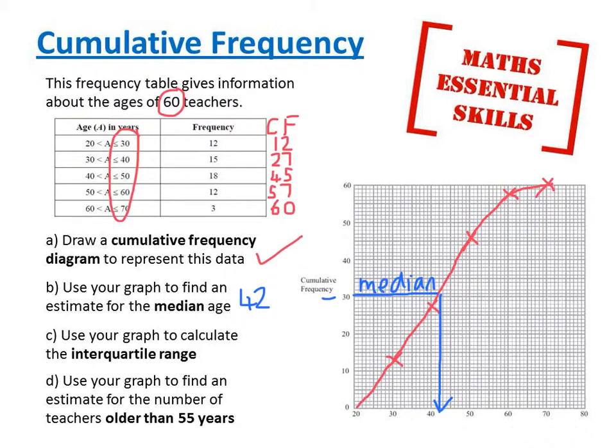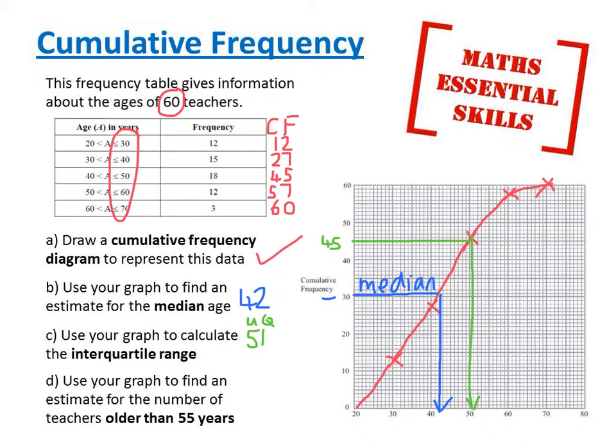To work out the interquartile range, I need to first work out the upper quartile. Now, because the median is 30, the upper quartile is halfway between 30 and 60, and that will be 45. So I find the 45th value on my cumulative frequency diagram, go across and go down, and I think on my diagram, again I should have used a ruler, I think the answer is 51 as my upper quartile.